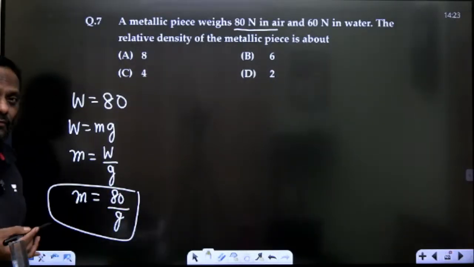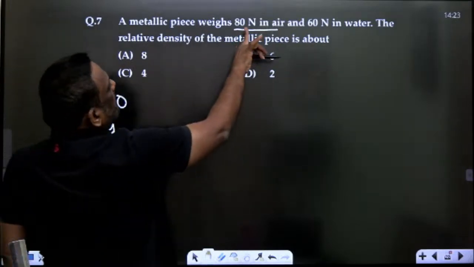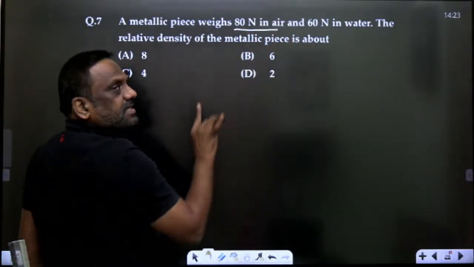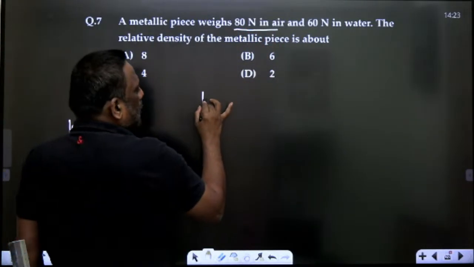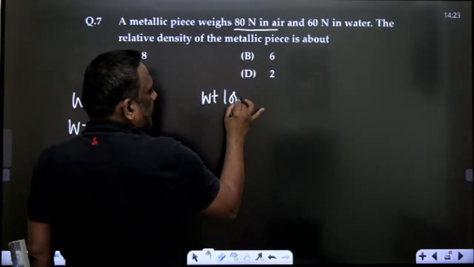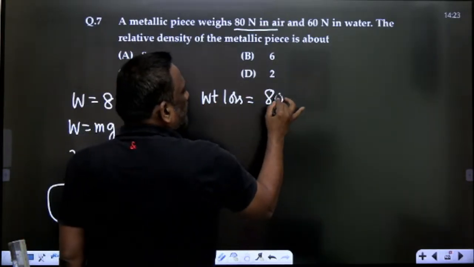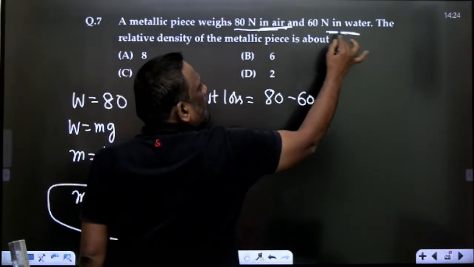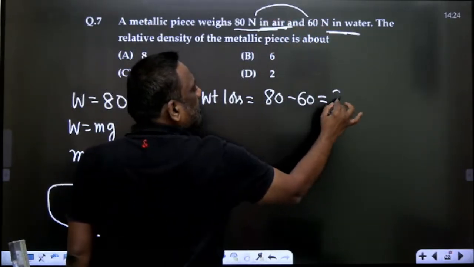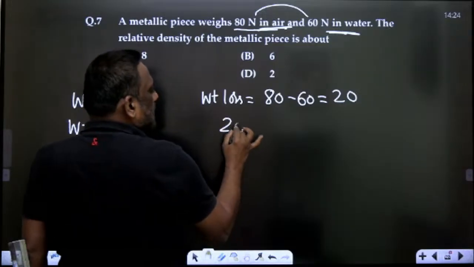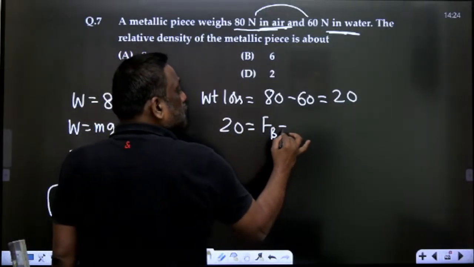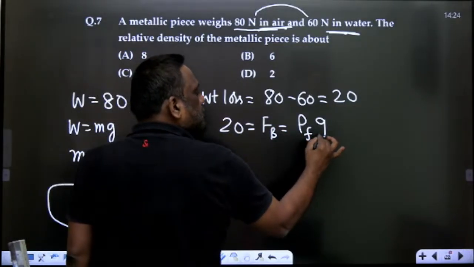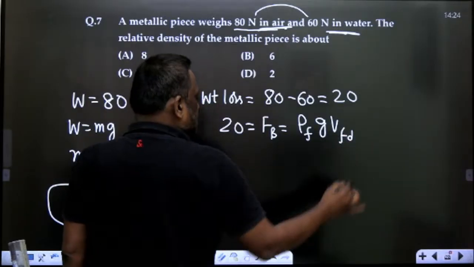Now, how to calculate volume, sir? देखो, what is the difference in weight loss? Weight loss is equal to 80 minus 60. So in air it is 80, in water it is 60, the difference is 20, that 20 should be equal to buoyancy force. So weight loss is equal to buoyancy force. What is buoyancy force? Rho of the fluid, g into volume of the fluid displaced. Very good.